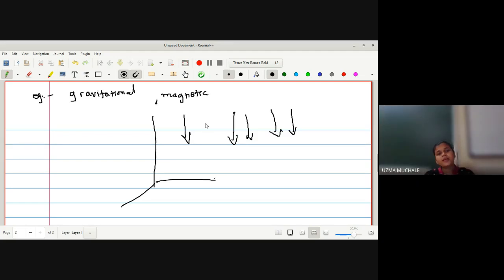So this is a vector field, because here the direction is specified. The direction is only downward. Anything you put on Earth in the air is definitely going in the downward direction. But no doubt it must be in the atmospheric pressure, right?